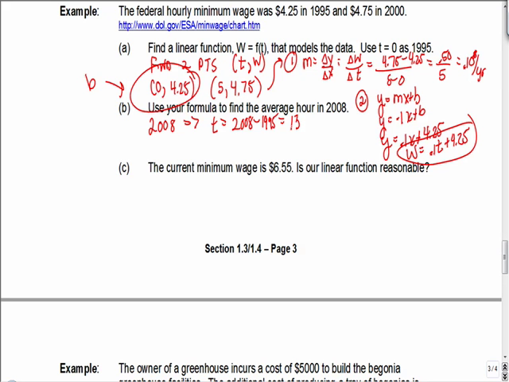So I'm going to use t equals 13, and I'm going to substitute that into my formula. So 0.1 times 13 plus 4.25. Take out my calculator. 0.1 times 13 plus 4.25 gives me 5.55.